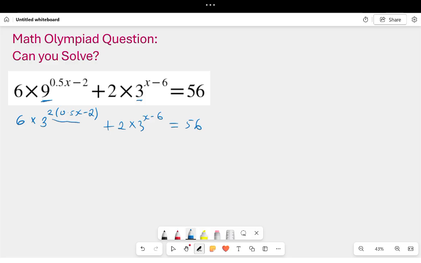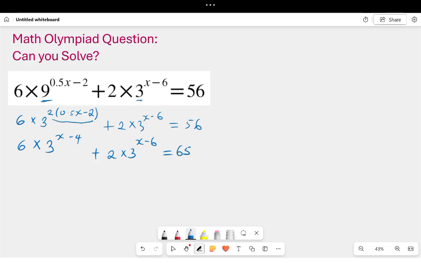Now, opening the brackets over here, we are going to have our equation as 6 times 3 to power x minus 4, then plus 2 times 3 to power x minus 6 is equal to 56.